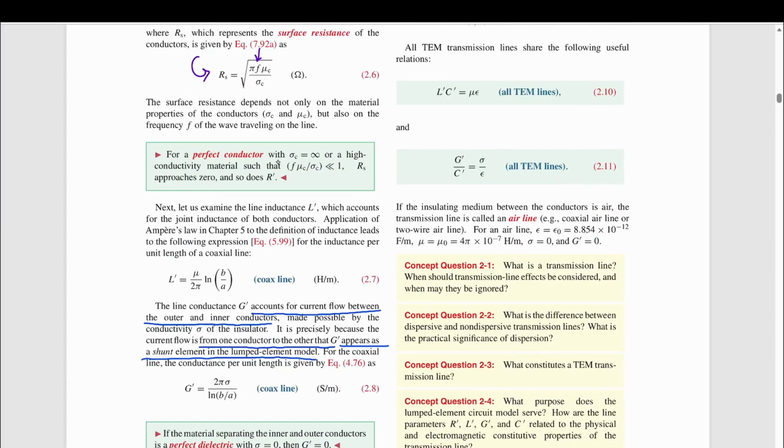For a perfect conductor with sigma_c equals infinity, or a high conductivity material such that f times mu_c over sigma_c is much less than 1, meaning sigma_c is very big compared to those, R_S approaches 0, and so does R'.